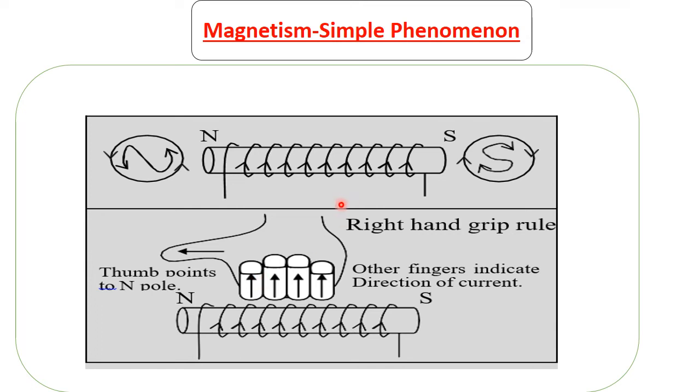Here current is moving bottom to up, but in the opposite situation, current will be moving like this. On the front you'll see that current is going down, because current comes down here, then goes behind, then down, behind, down. So if these fingers point downwards, then the thumb is going to point to the right, and that's going to be the north.